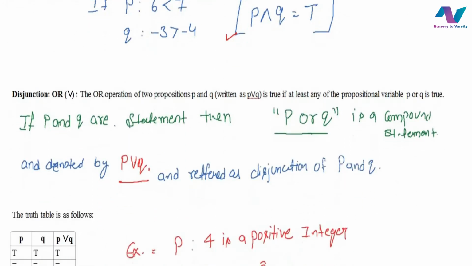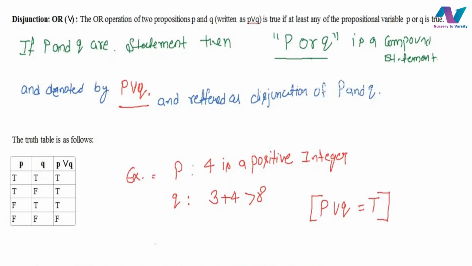Now we are moving towards disjunction. In disjunction, if P and Q are statements, then P or Q is a combined statement, and we denote this with the disjunction symbol between P and Q, referred to as the disjunction of P and Q. We can take an example here: P is "4 is a positive integer" and Q is "3 plus 4 is greater than 8".